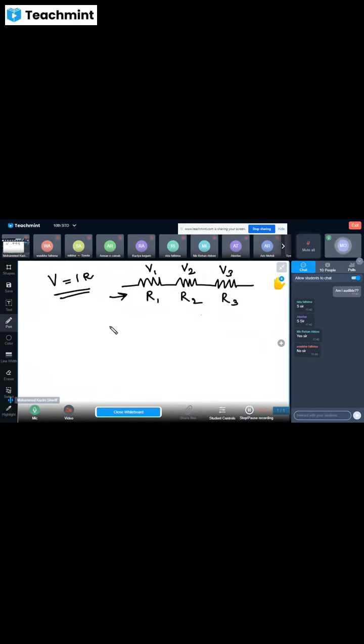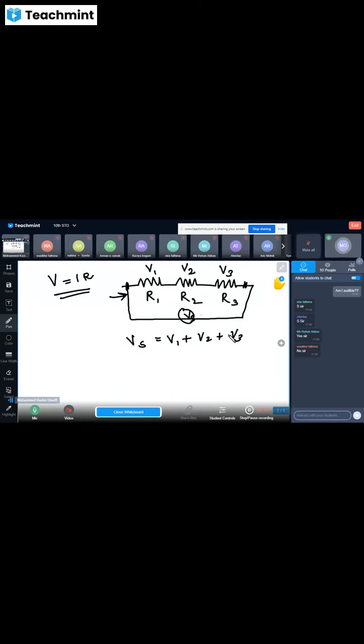Therefore, if I was to measure the work done to move current across this whole thing, from here all the way till here, that means Vs is equal to V1 plus V2 plus V3.